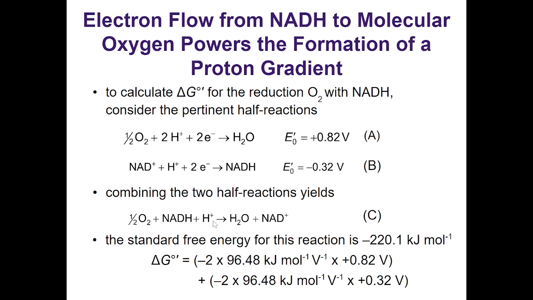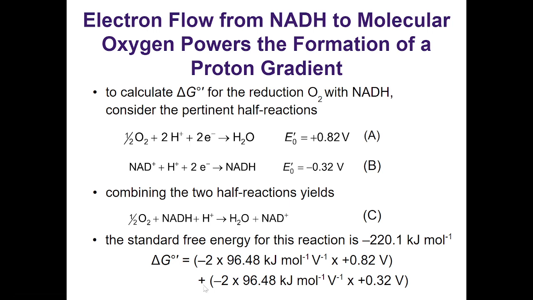To get the standard free energy for the reaction, which is negative 220.1 kilojoules per mole, you would take the delta G naught prime. That's going to be equal to negative the number of electrons transferred, times the Faraday constant, times positive 0.82, which is that right there.